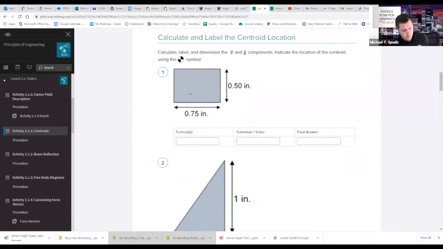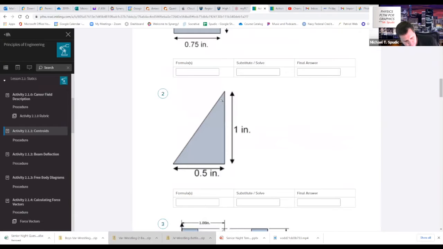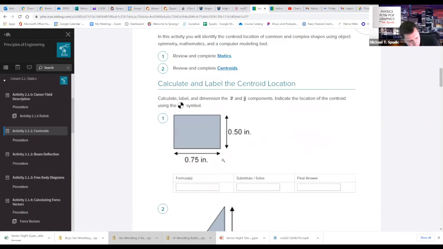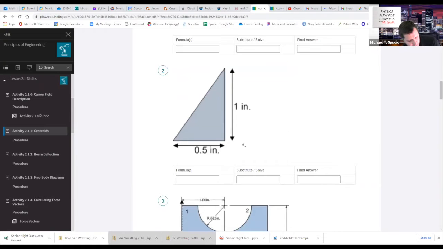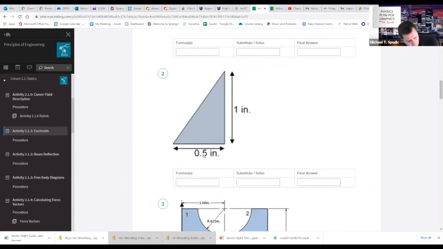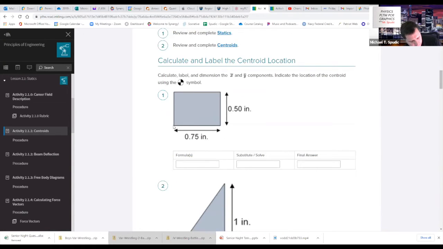So the first one is this rectangle. Okay. The next one is the triangle. And the third one will be... and for all of these, please understand that I want the answer from the bottom left corner. Okay.